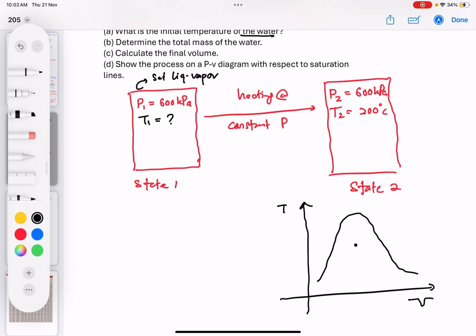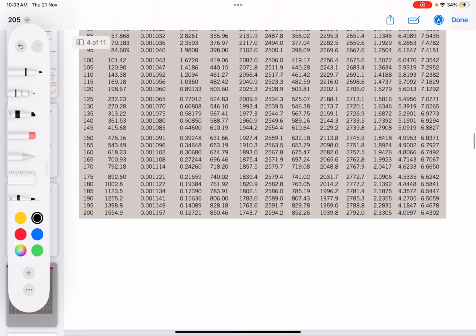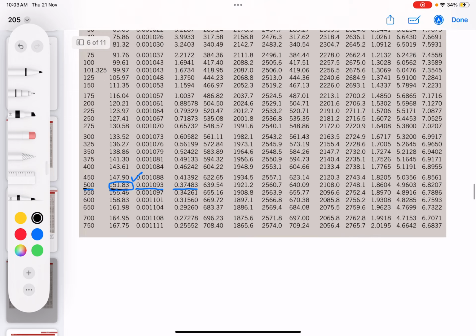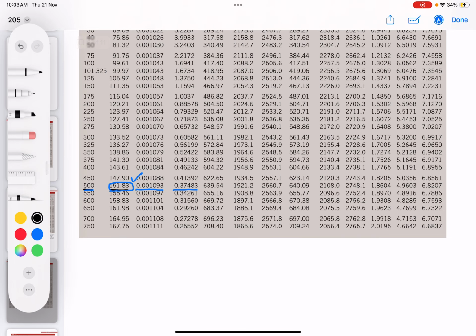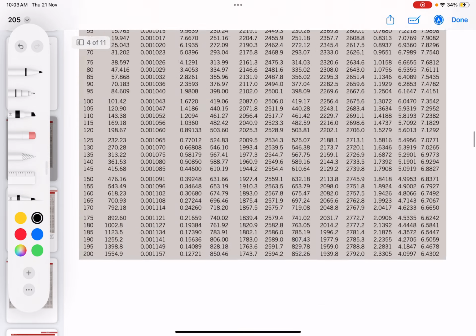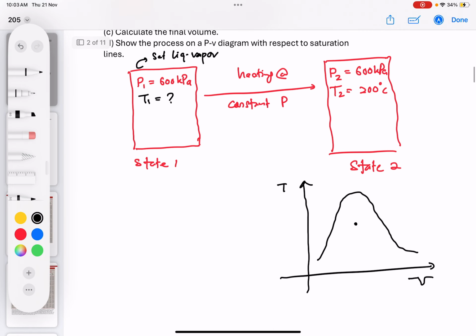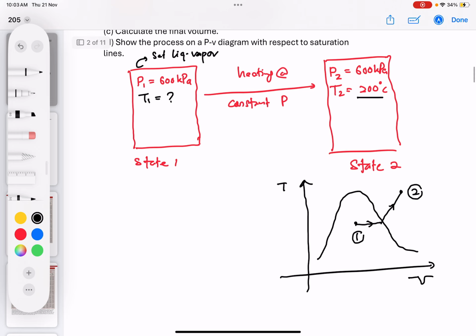And then my T2 here, obviously, because at P2 equals 600 kilopascal, the saturation temperature should be 158. But the temperature given in the question was 200, which is way above the saturation temperature. Therefore, most probably it is in the superheated region. So this is my state 1, and this is my state 2.